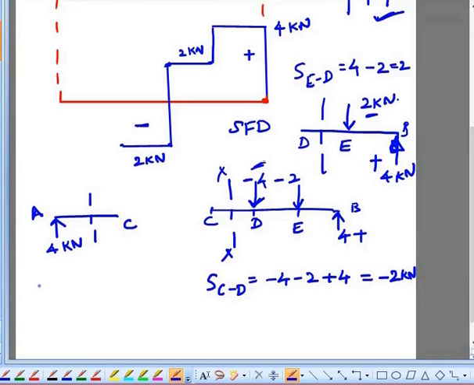So the shear force between the point A and C is given by minus 4 kilonewton. So between the point A and C, the reaction force is minus 4 kilonewton.